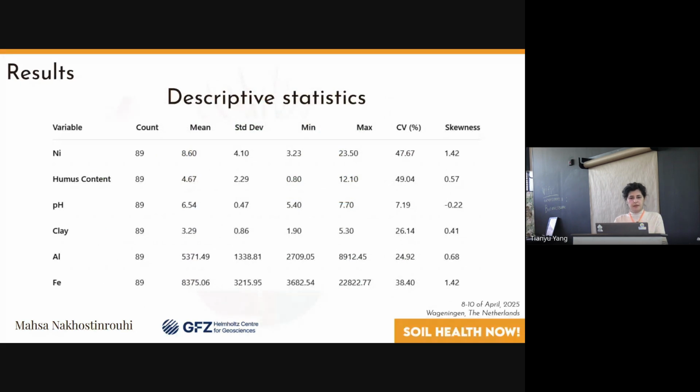The first results are shown in this table. It includes the descriptive statistics for nickel and some other soil properties. For example, one of the most important pieces of information was the skewness regarding the nickel, showing us that we had to use some transformation, like logarithm transformation, to make it closer to a normal distribution.